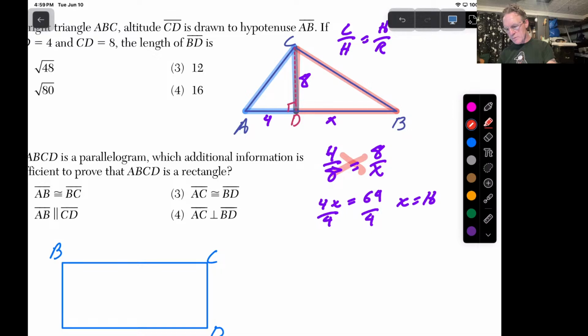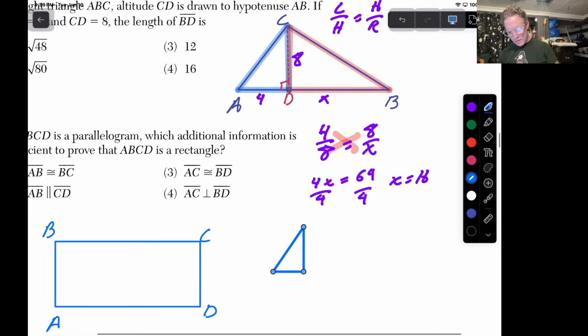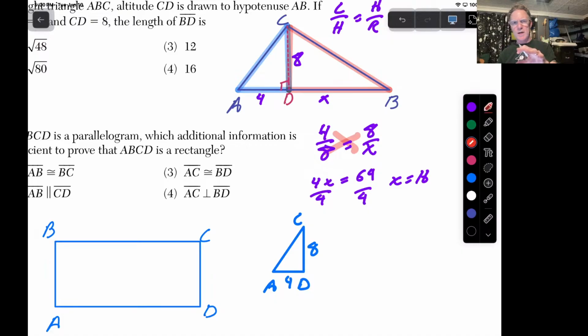Just draw them so they're oriented the same way. So we have triangle A, D, C, and we know this is 4, and this is 8. But I'm going to turn the other triangle so it's oriented the same way, so that the short side maps up with the short side and the hypotenuse maps up with the hypotenuse and so forth.